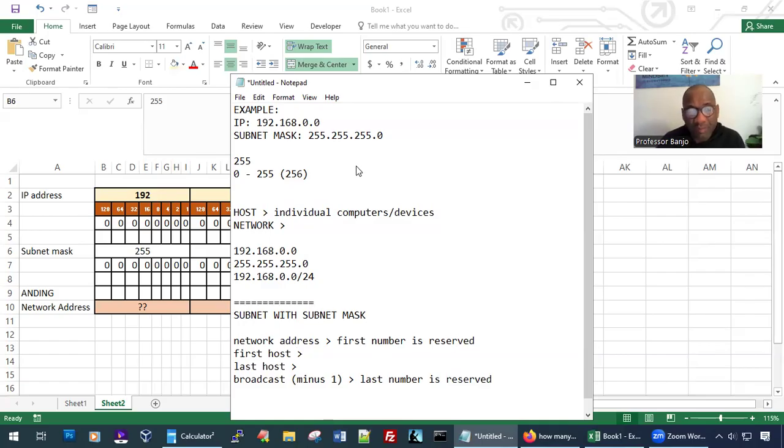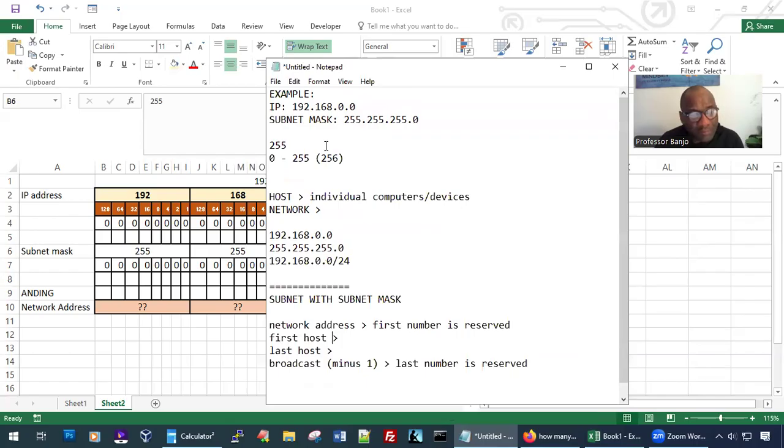All right, so let's keep going here. Again, we want to look at the IP address, see how the subnet mask works, and how we can use this combination of IP address and subnet mask to determine the network address. That is the first number, which is reserved, which is basically the router's address.